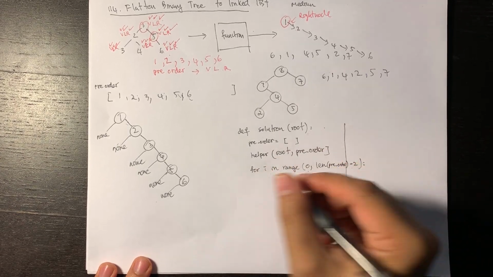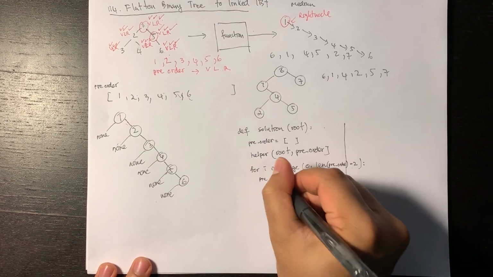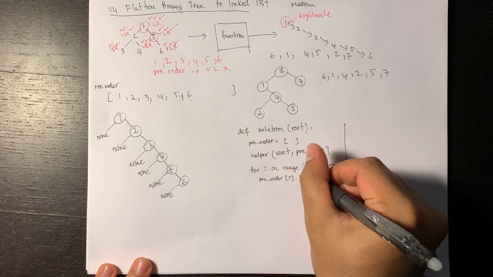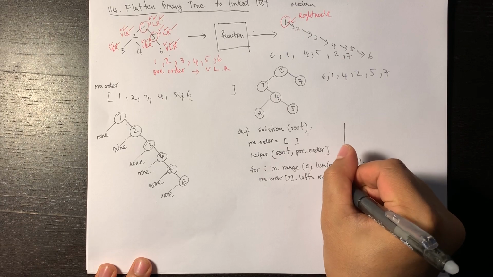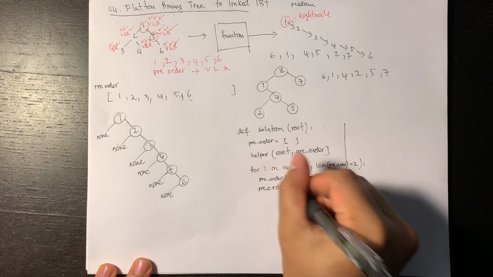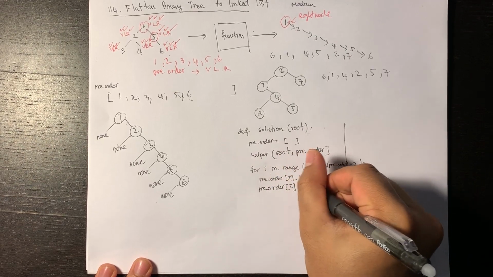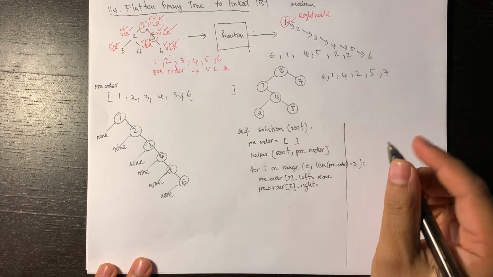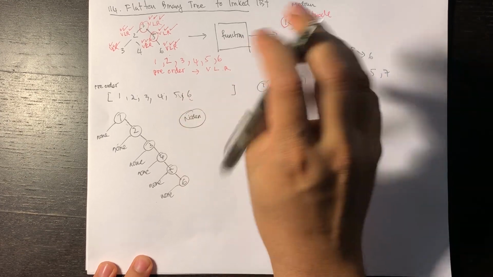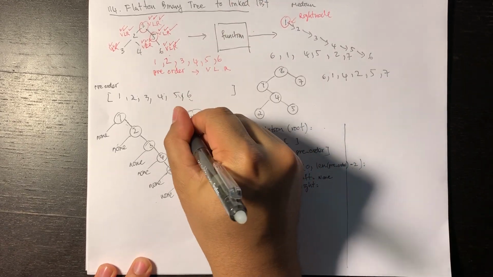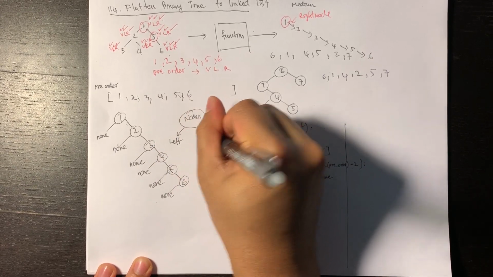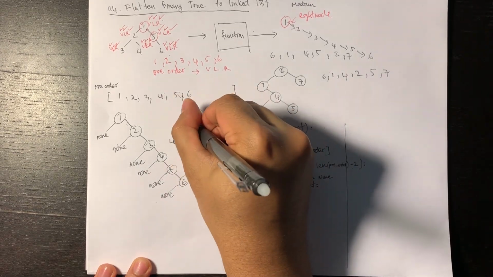So first we want to do pre-order[i].left is equal to none, and then pre-order[i].right, assuming that our node contains left and right pointers, and this is a value.